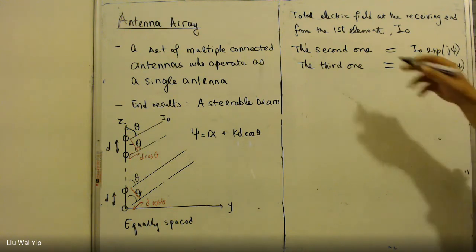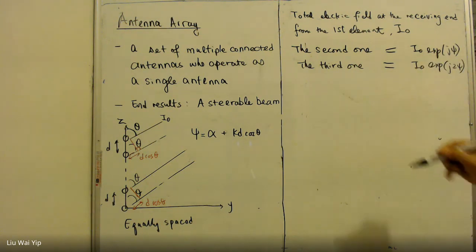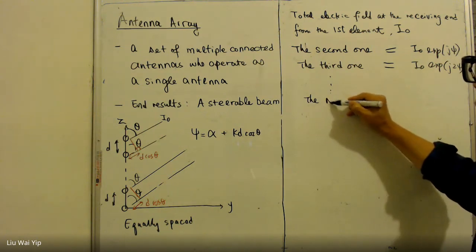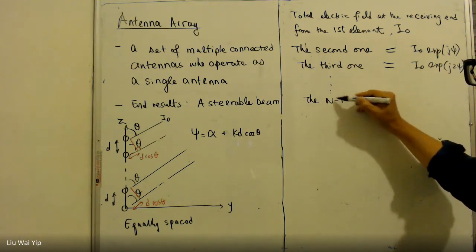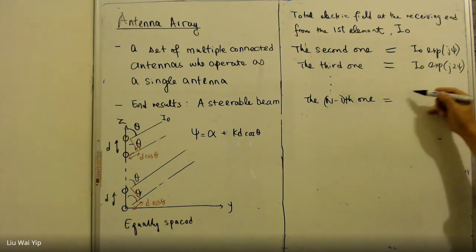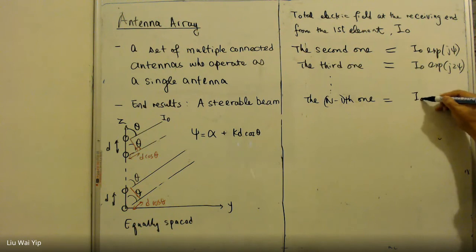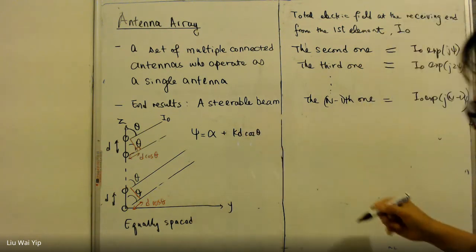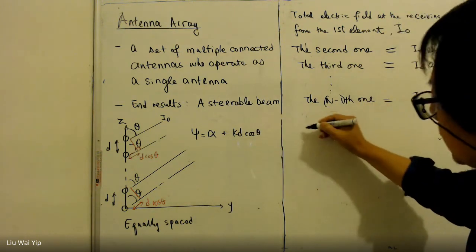And this process goes on and on until the end, the end minus one, and it will be I naught e to the j (n minus one) phi. And this is how the system works. And if you add all of them together, the function will look like this.